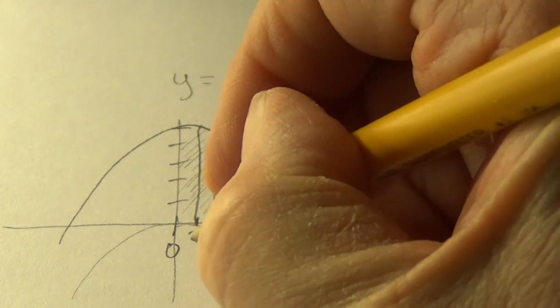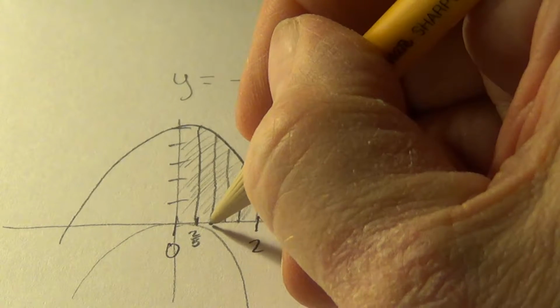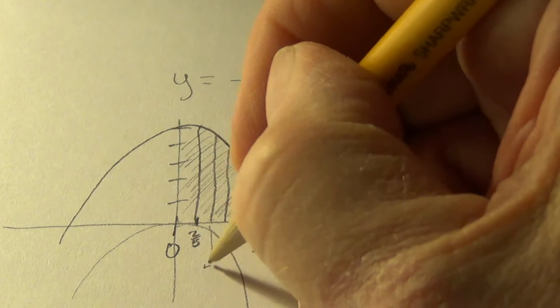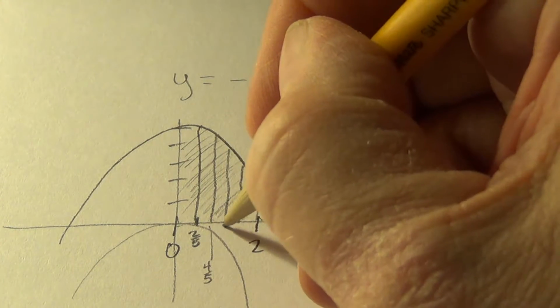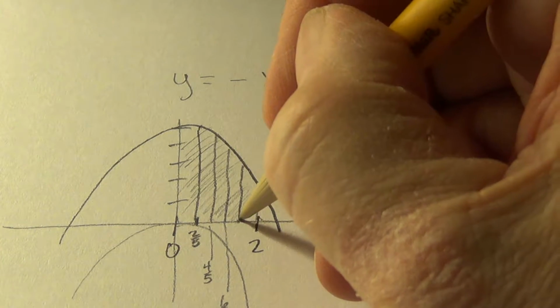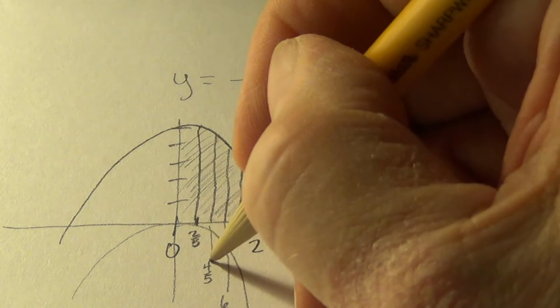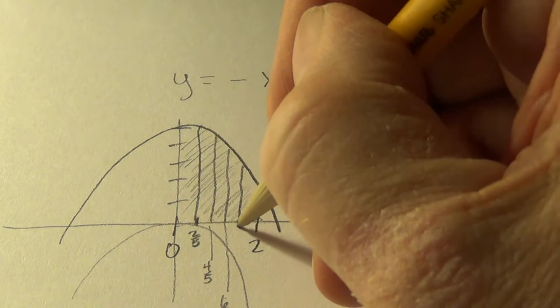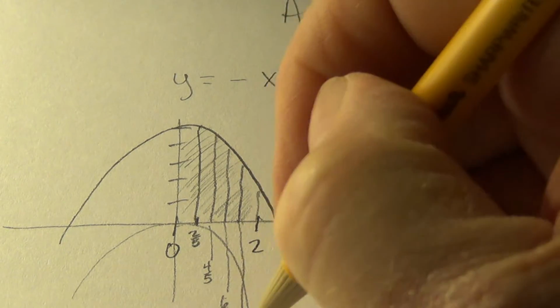So this would be 2/5, then there'd be 2/5 more, so this would be 4/5. And this point would be 6/5, and this point 8/5.